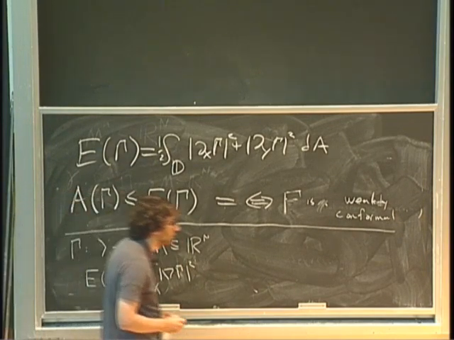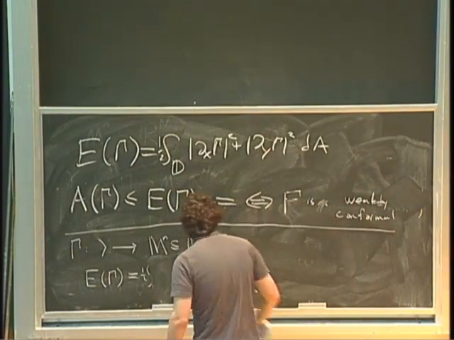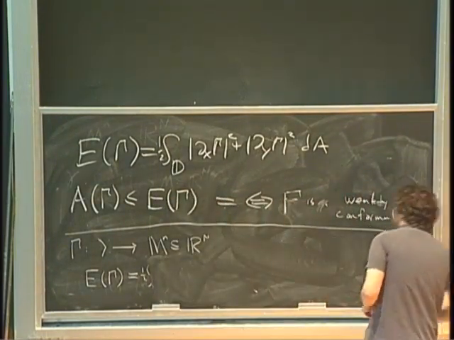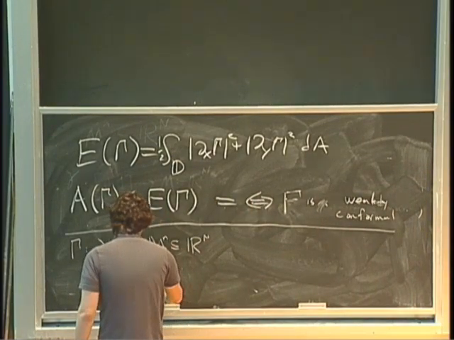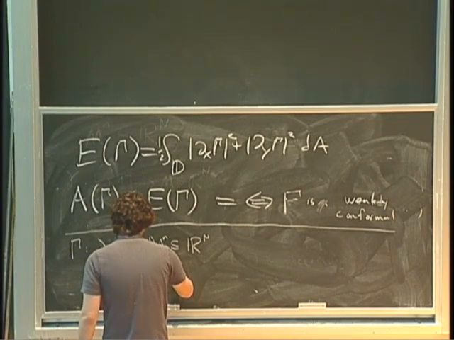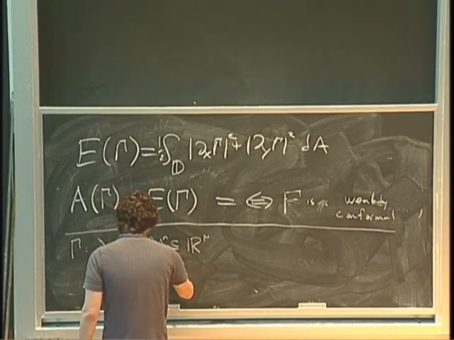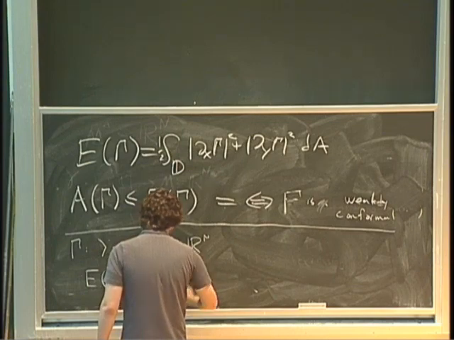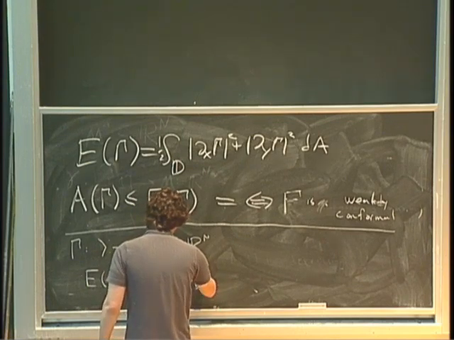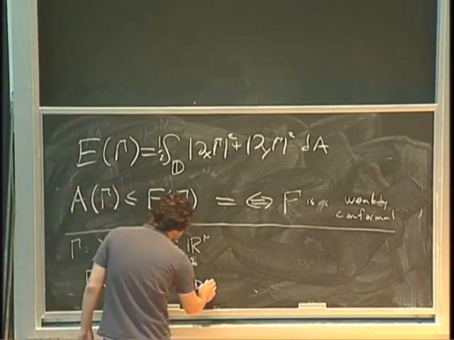To make contact with the notation I used before, this is the sum, i equals 1 to capital N, of the square of the Dirichlet norm of gamma i, the ith component of gamma.